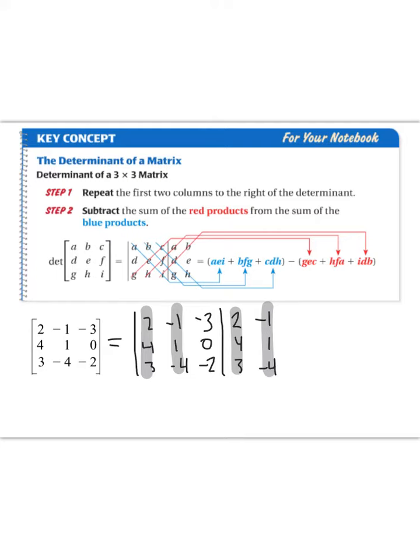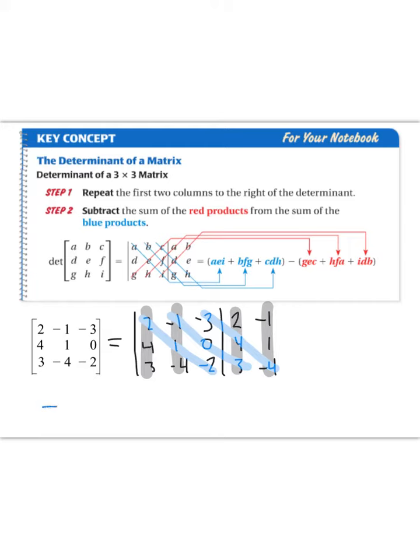So following along with step 2 in the example above, I need to take my diagonals. So I have 3 blue diagonals, right, starting in the very top left and ending in the very bottom right. Now I'm going to multiply those diagonals.